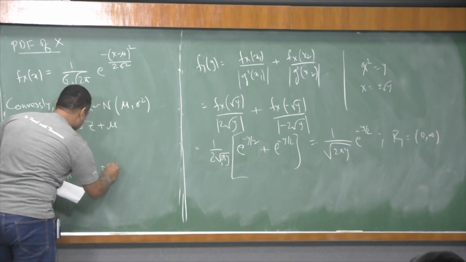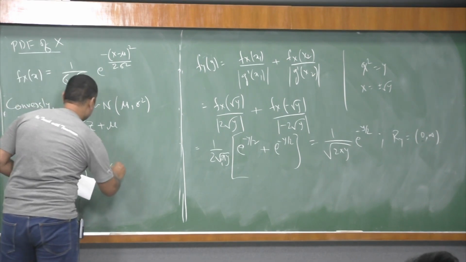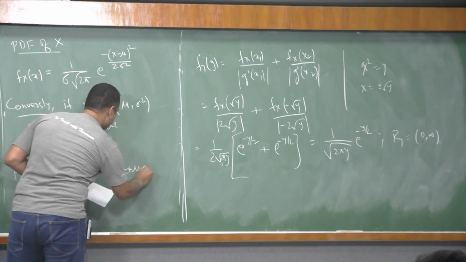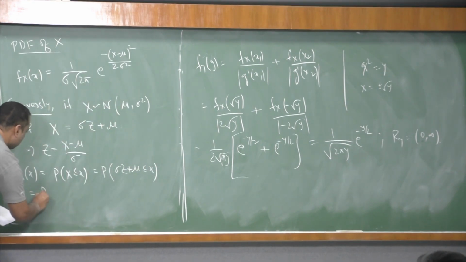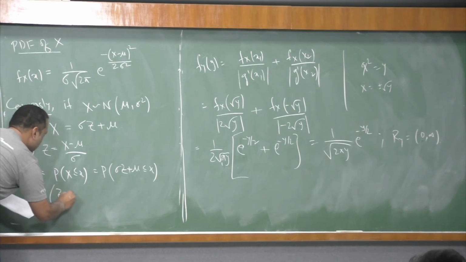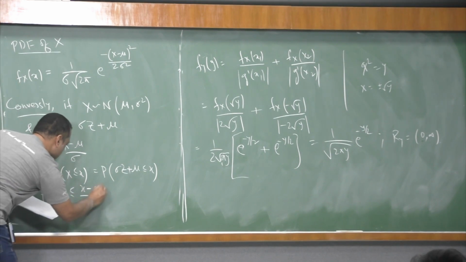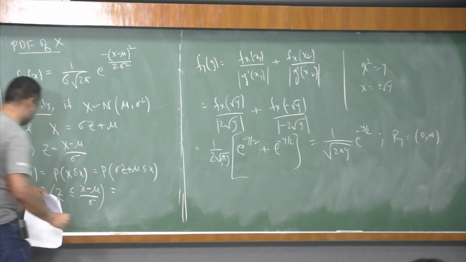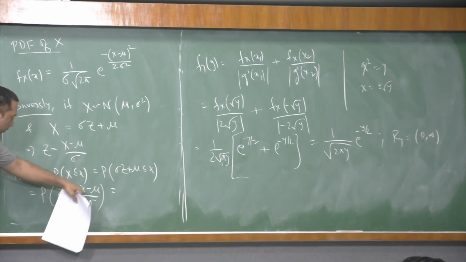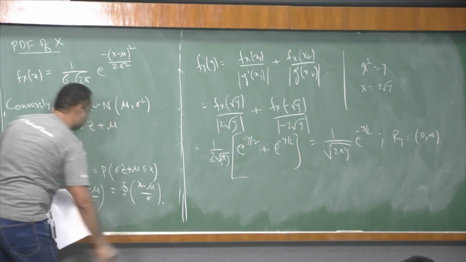This is the same as saying sigma z plus mu is less than or equal to x, and I solve for z. So this is the probability that z is less than or equal to (x minus mu) by sigma, and since this is in z, I can use the phi function. So it is phi of (x minus mu) by sigma.